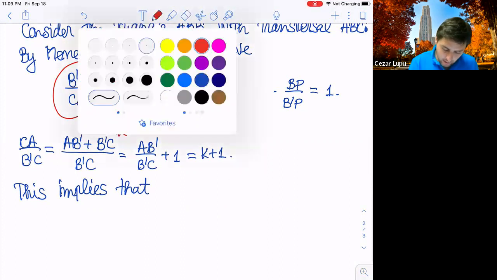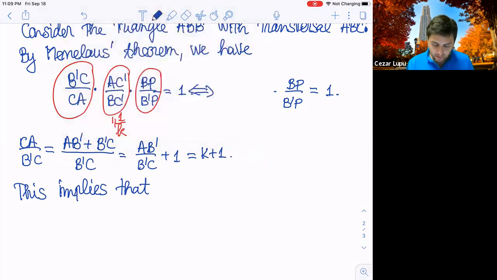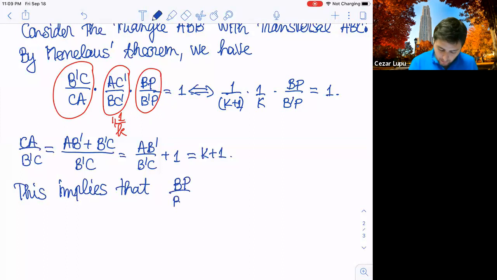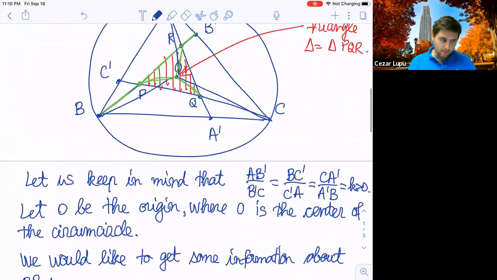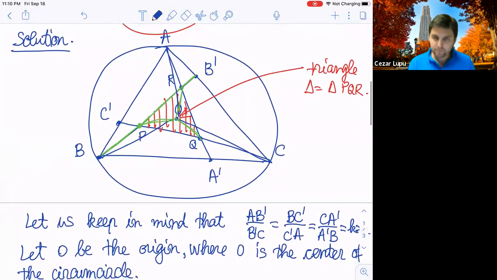So we will have 1 over K plus 1 times 1 over K. So now this implies that BP over B prime P is K times K plus 1. So this is the ratio. If we go back to the picture, this is the ratio.